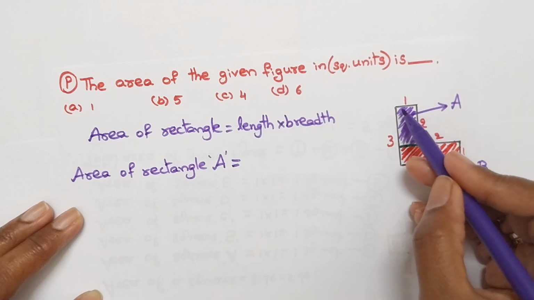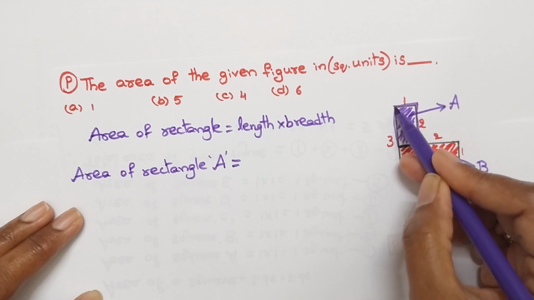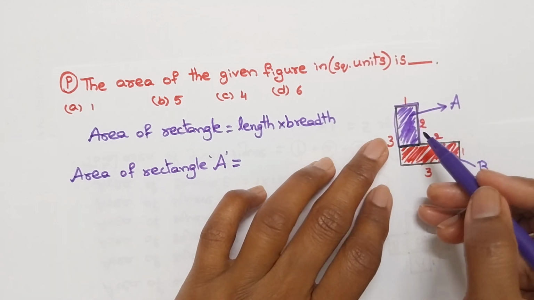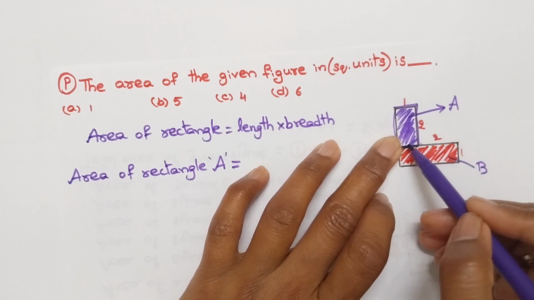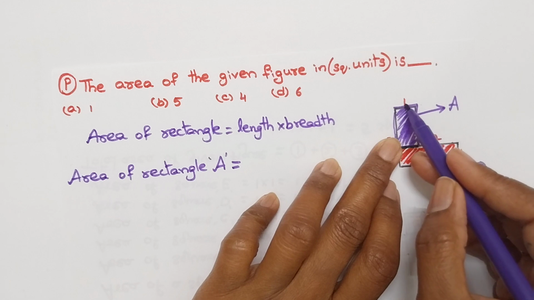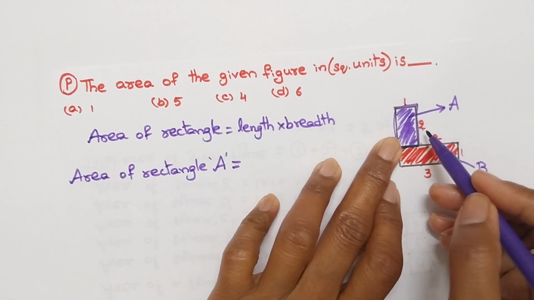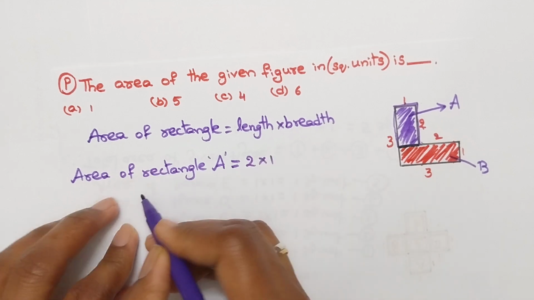Here this one is the rectangle. So don't ignore this, just look at these two values. It is a perfect rectangle, and the length is 2, breadth is 1.